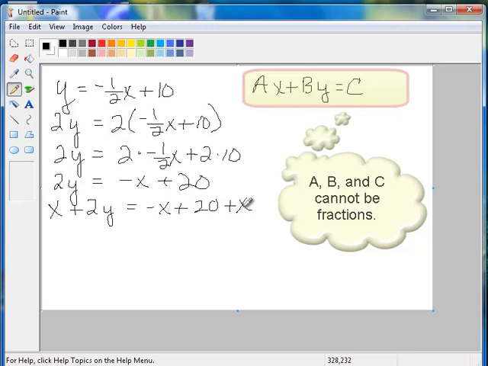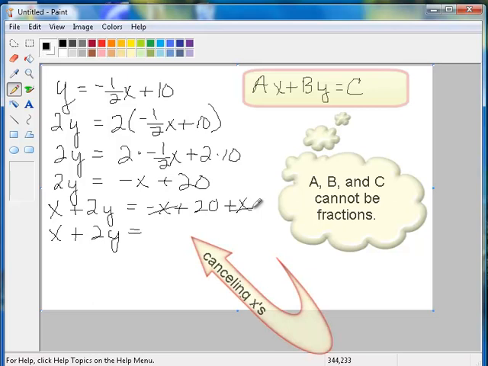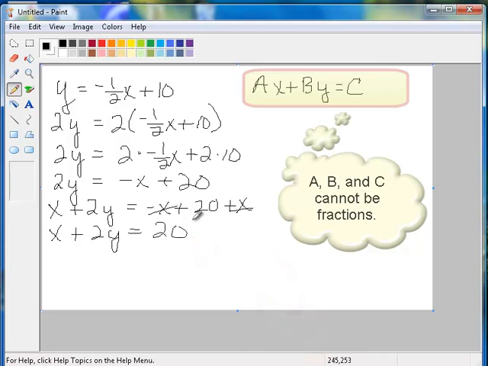And this will give us x plus 2y equals 20. And this equation is now in standard form, so we have completed this example.